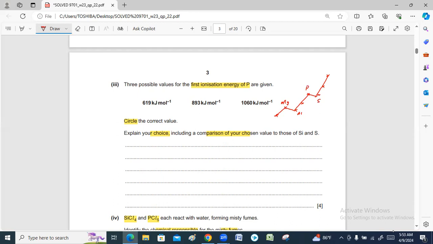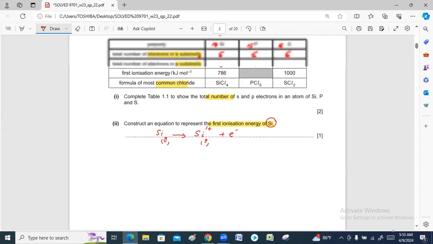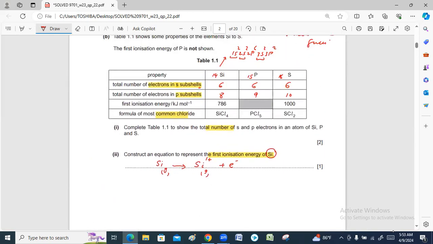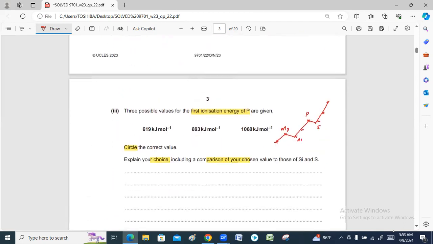If we compare the ionization energy of phosphorus, according to this table, with silicon and sulfur, we have to predict the first ionization energy of phosphorus. The first ionization energy of phosphorus is more than that of sulfur and silicon, as you can see in the graph.